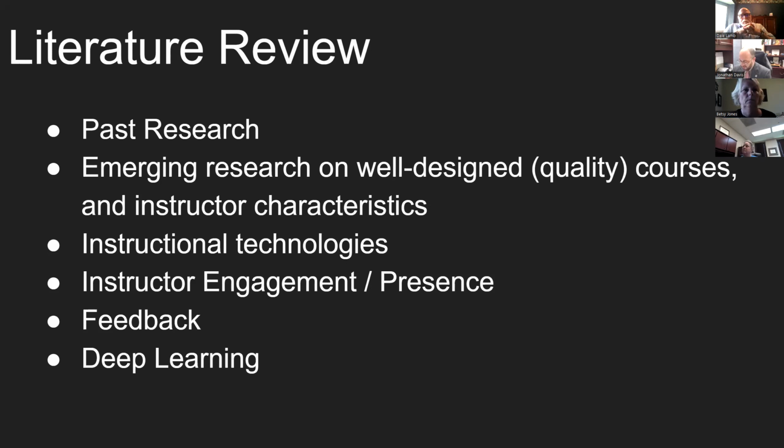Emerging research is more focused on course quality and instructor characteristics as a method of improving student success. These are things like instructor anxiety, technological skill gap, lack of experience with online teaching, and awareness of online learning pedagogies.